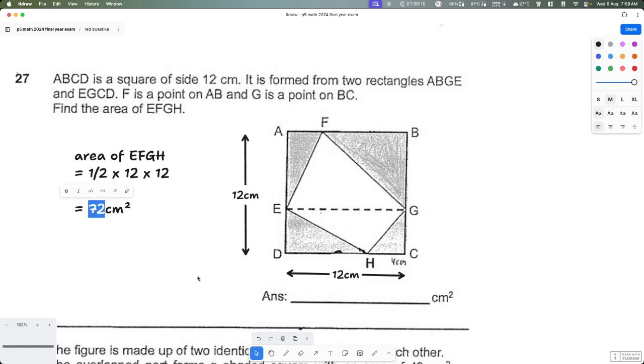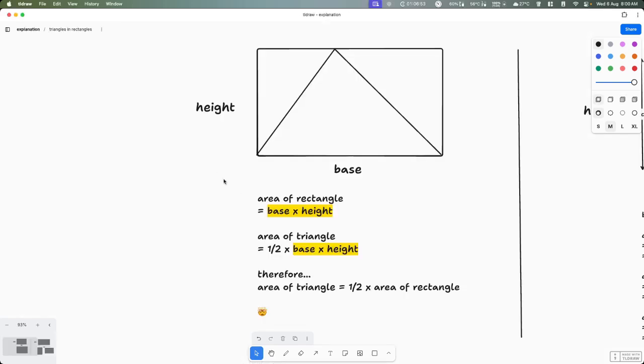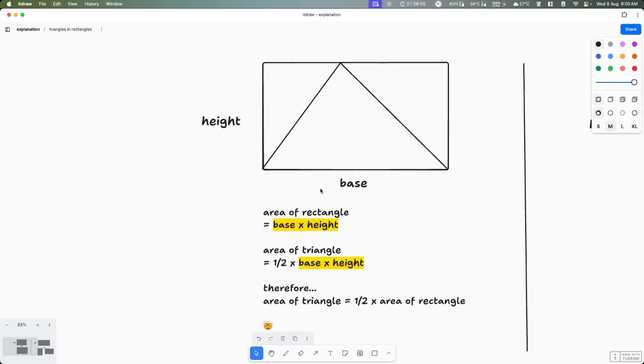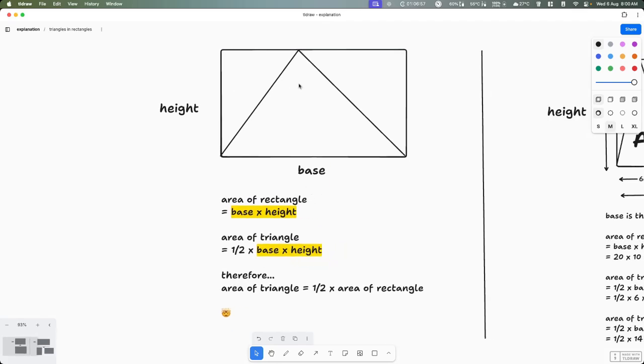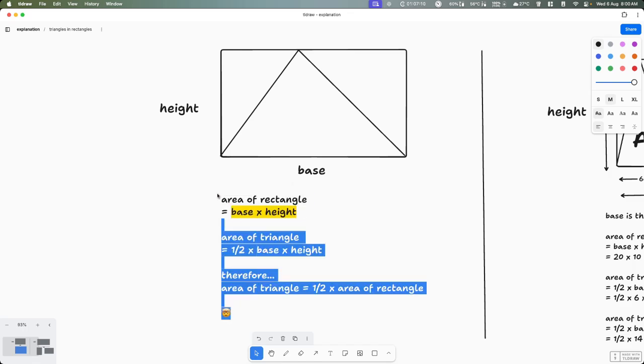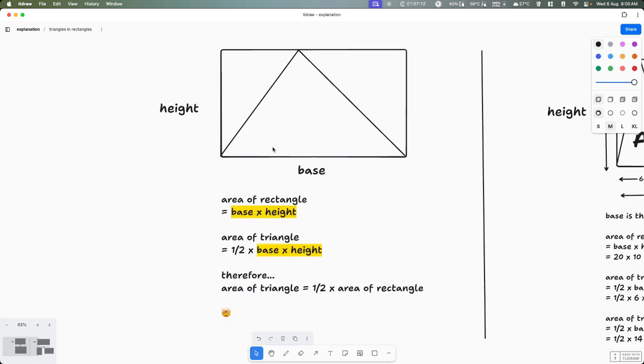Why do you think it is so? First, I just want to share with you that the area of a rectangle and the area of a triangle where the base is equal to the length of the rectangle. Pretty straightforward. Area of rectangle is base times height, or length times breadth, and area of triangle is half of base times height.